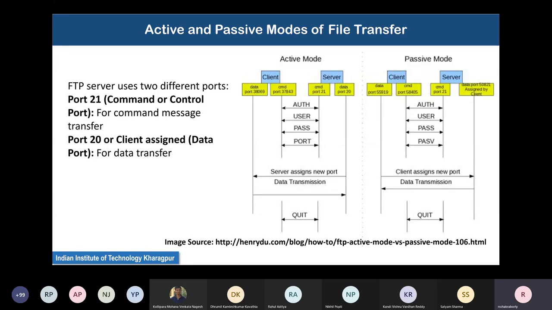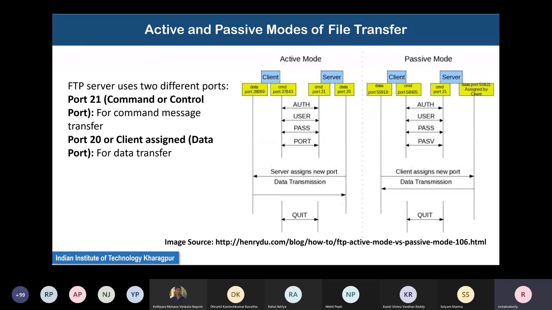The FTP server for command or control uses port 21. If you recall, port numbers less than 1024 are reserved for particular applications, whereas those ports above 1024 are called ephemeral ports or user process ports, which can be used by any application, and there is no fixed convention that the server process must use a given port.